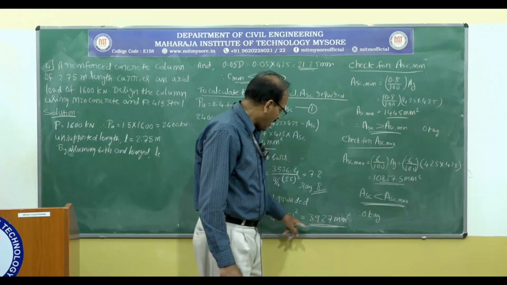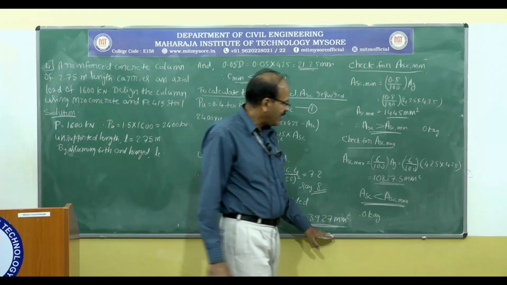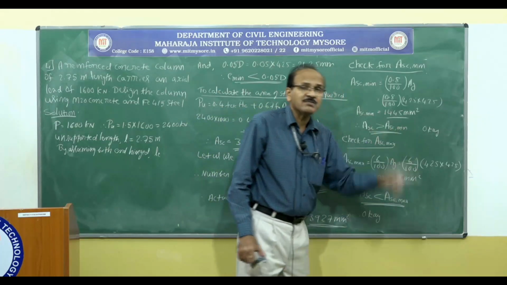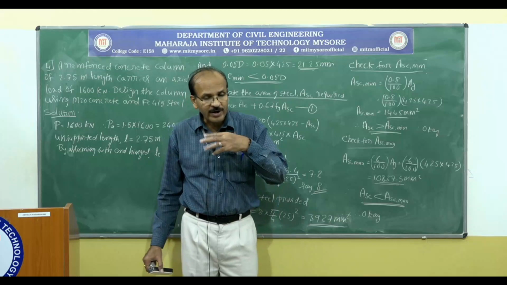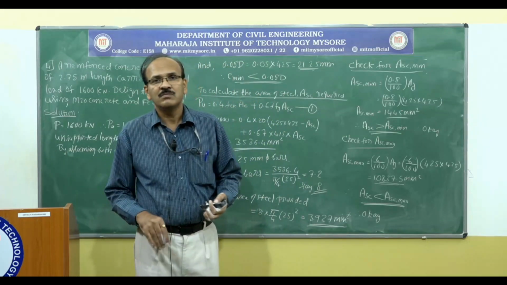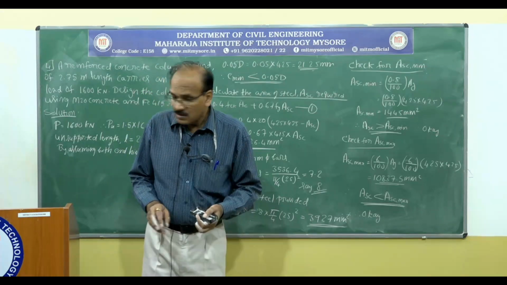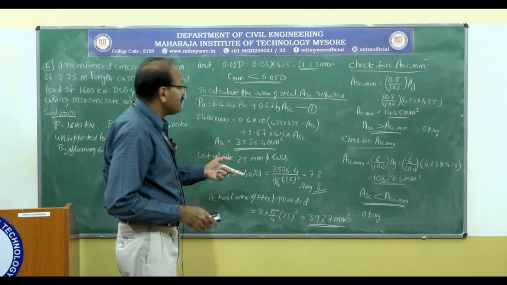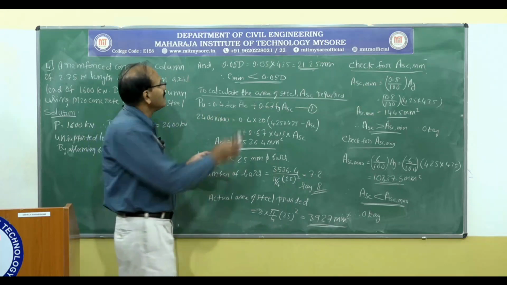In case the actual area of steel provided exceeds ASC maximum, then revise this section, that is increase the dimensions of the column. Is it clear to you? So with this, there is one more step, that is regarding lateral ties.